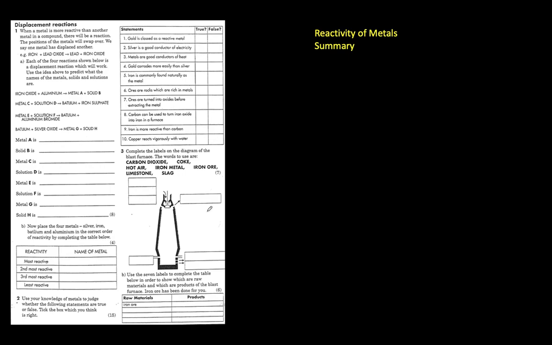You can then move on to this reactivity of metals summary, because now that we've covered reduction, oxidation, redox, reactivity of metals, extraction of metals, you should be able to answer all the questions on this sheet.